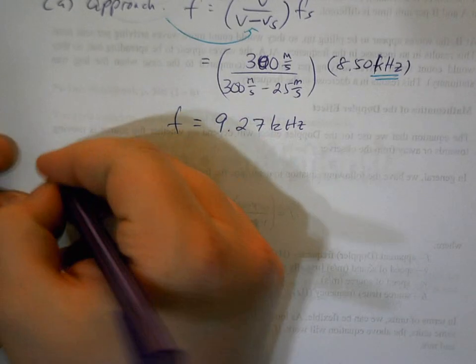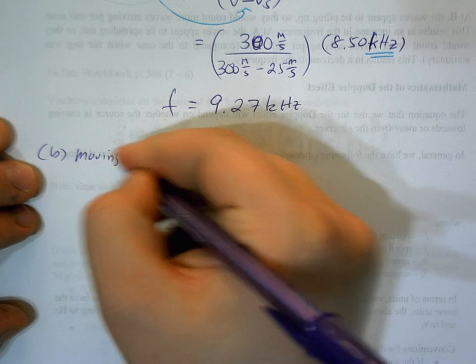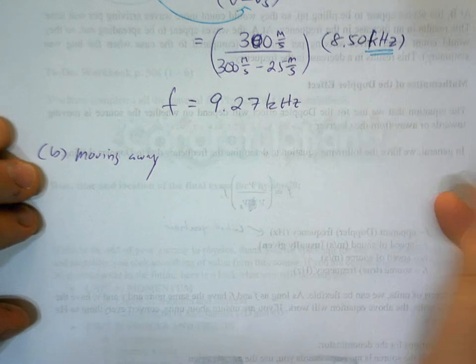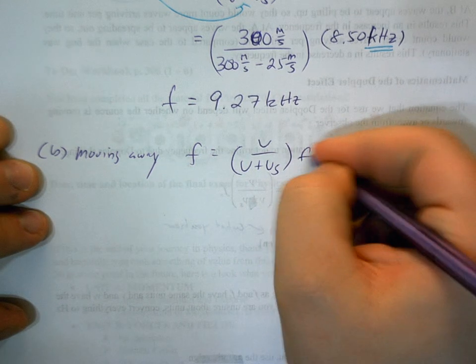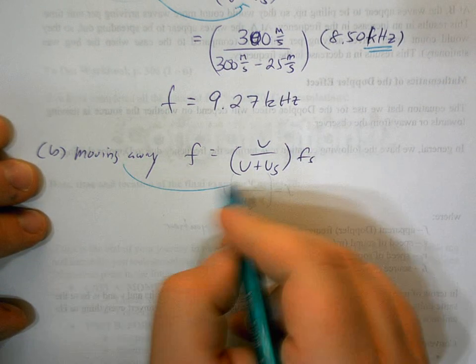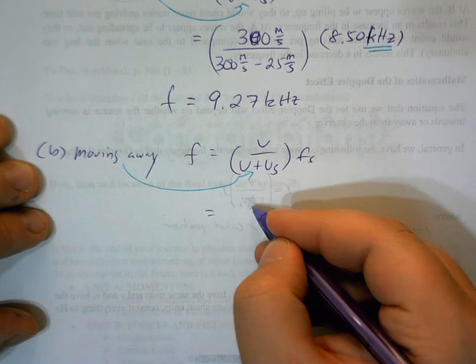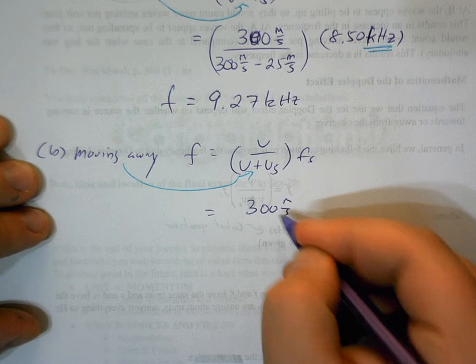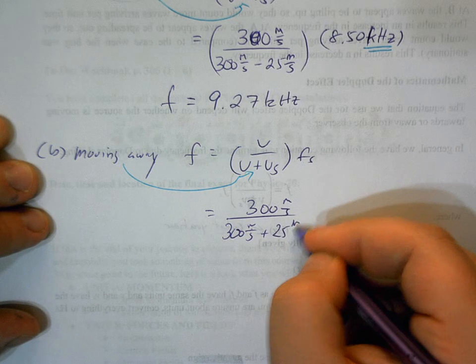Now, when the object is moving away, this time our formula for Doppler is going to have that plus sign in the denominator. But the numbers that we plug in are still exactly the same. We're still plugging in 300 meters per second for our speed of sound. Just in the denominator, we're going to add them this time.